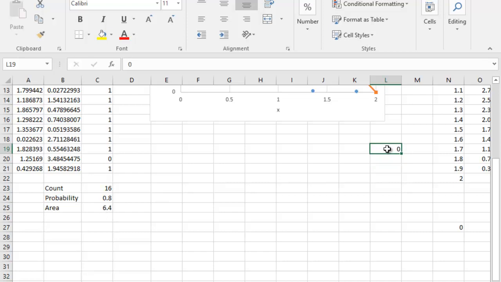So what I want to do here is just generate a few of these and look at what's happening to the area. So now I note that I got a 5.6, I got a 4.4, I got a 6, I got a 5.2, I got a 5.6, and so on. These numbers are jumping around a bit, not terribly much, but some.